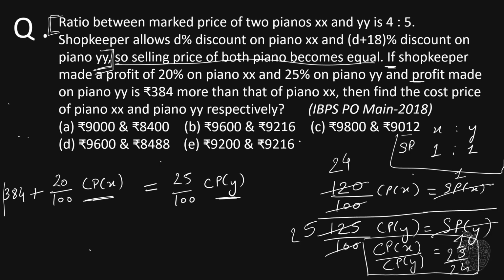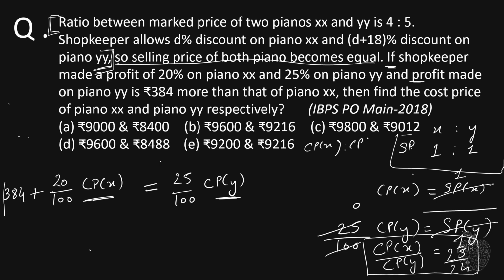So what do we assume here? We assume the cost price of X to the cost price of Y is in the ratio of 25 is to 24, so let's assume this is 25x and this is 24x. Now we put this value in this equation. So we get 384.